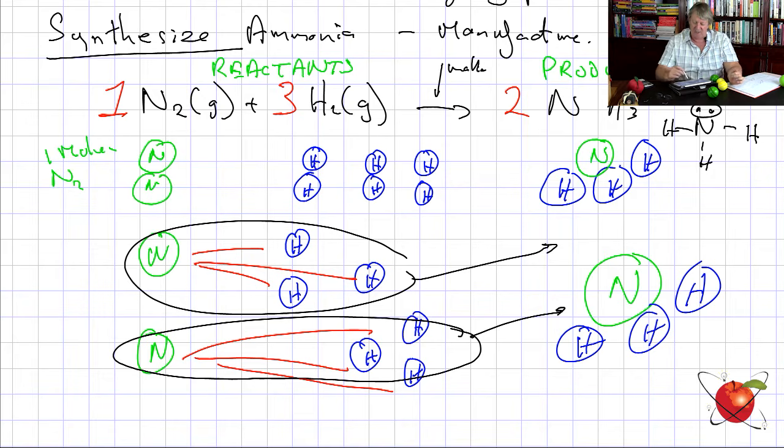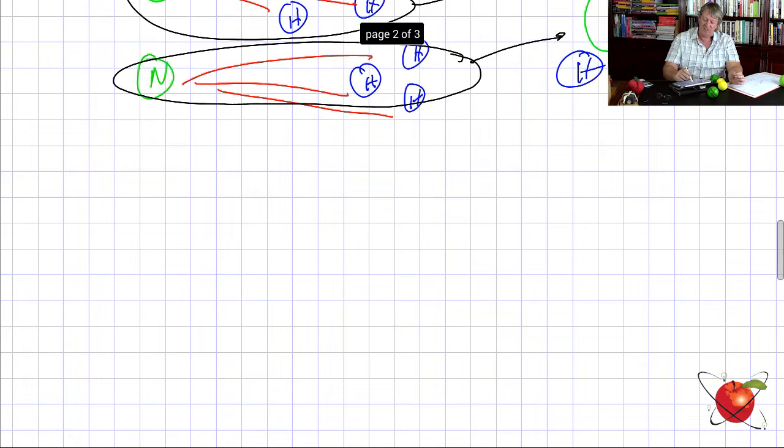So let's have a look here. We say, okay, that is what has happened on that. So it's a synthesis reaction of ammonia. We have made ammonia and synthesized it, right? So let's take, for example, conservation of atoms.